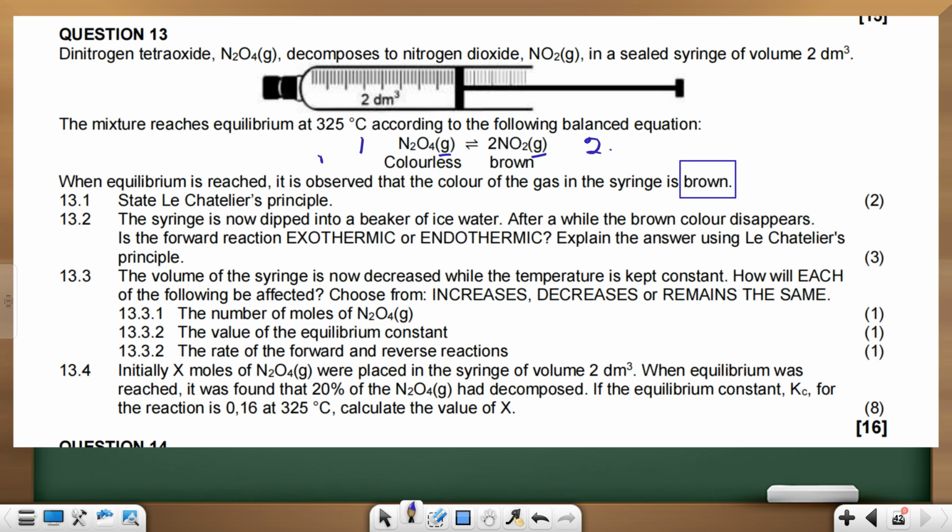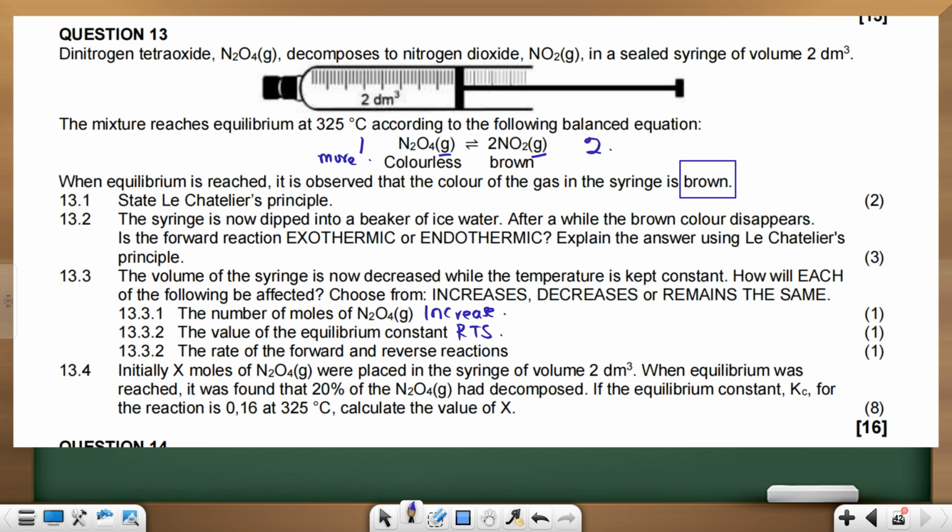It means N2O4 will be more. What happens to the number of moles of N2? It will increase. Are we good? What happens to the value of the equilibrium constant? It remains the same. Why? The only thing that affects Kc is temperature.